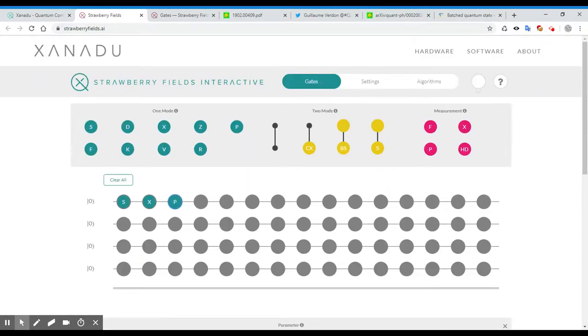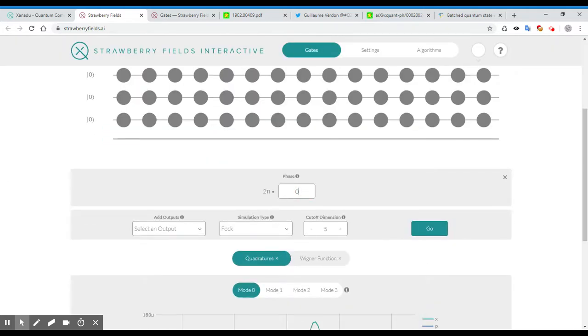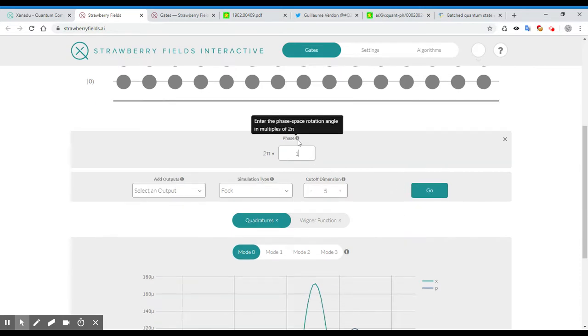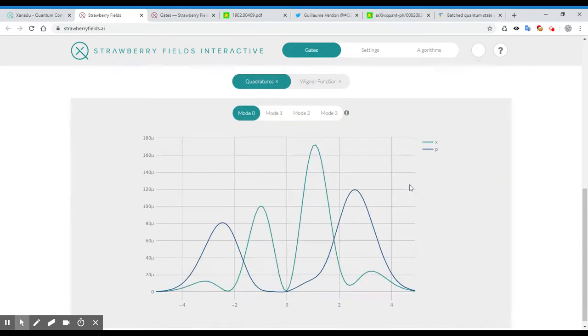No, that just phases the... I think that just phases position momentum. Then maybe a rotation. Let's see. It's a phase rotation.